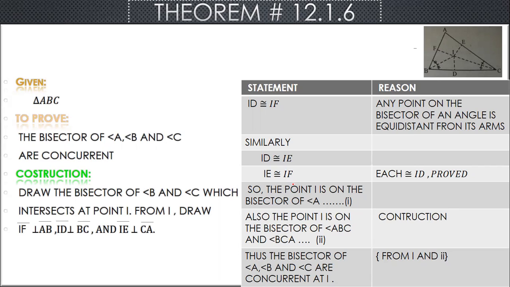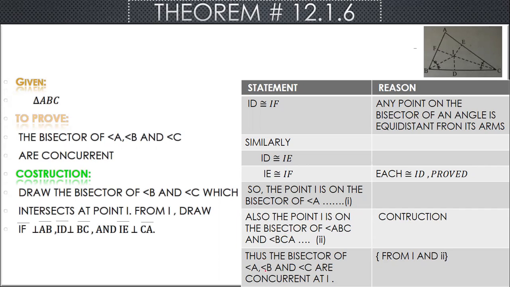By the transitive property, if A is equal to B and B is equal to C, then A is equal to C. Also, the point I is on the bisectors of angle ABC and angle BCA.